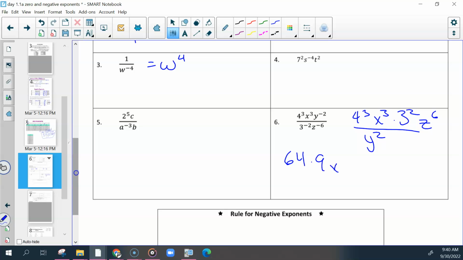This needs to be in ABC order. So the last thing we have to do is multiply. 64 and 9. Someone do that. Tell me what you get. 576. Yeah.